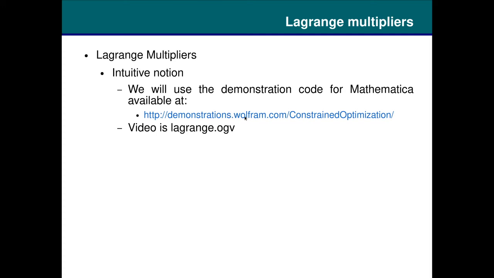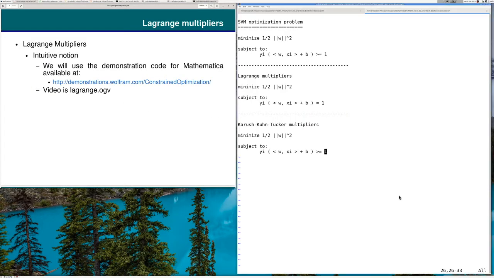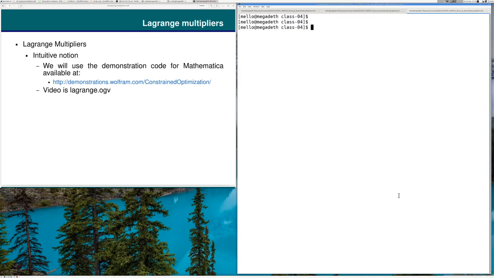Oh, I just wanted to provide you an example, a demonstration, using I think Mathematica. You know what? I think I've got that here. Let's find it. I think it's in here, Lagrange.ogv. Maybe over here, let's see.